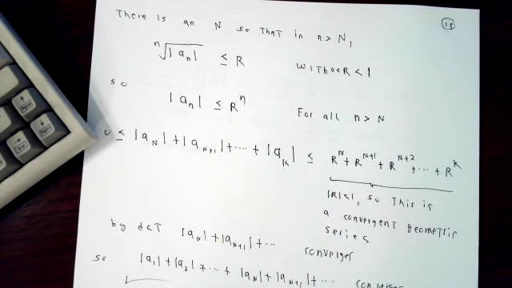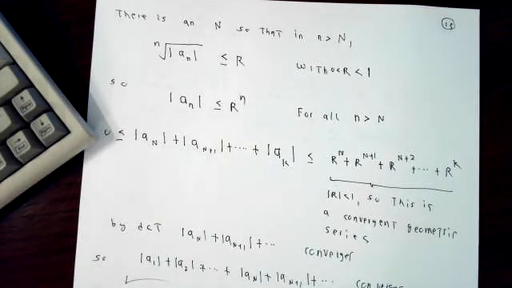This is a partial sum for a convergent geometric series. The reason that it converges is r is less than 1. So by the direct comparison test, absolute a capital N plus absolute a capital N plus 1, and so on, converges.